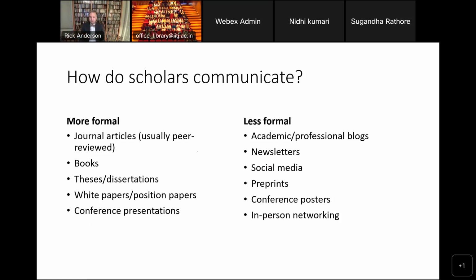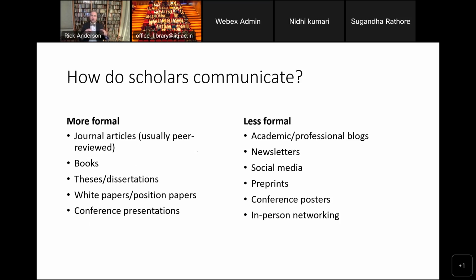Another more formal example of a scholarly communication mechanism is the white paper or the position paper. These are papers that are often generated by research institutes or by think tanks or by government agencies. When they're position papers, they may represent the organization's position on an issue.